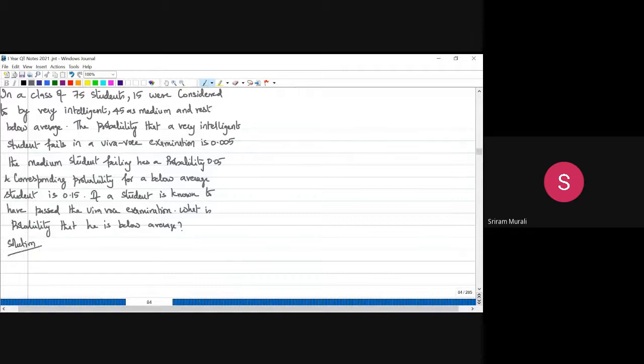Solution 2-1. 75 is the grand total. The 75 is broken in terms of 3. What are they? Intelligent, medium, below average.